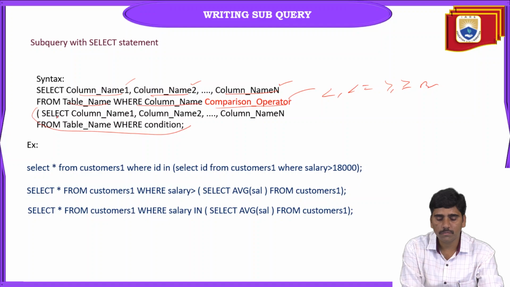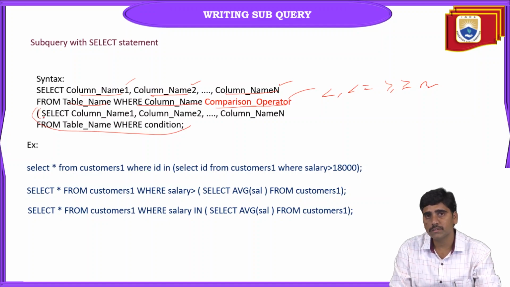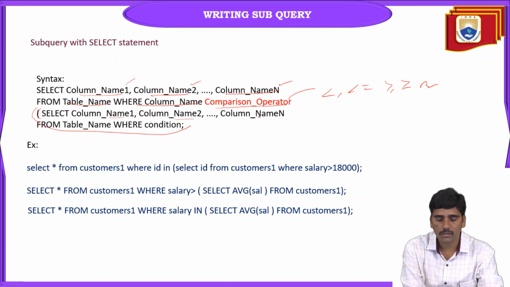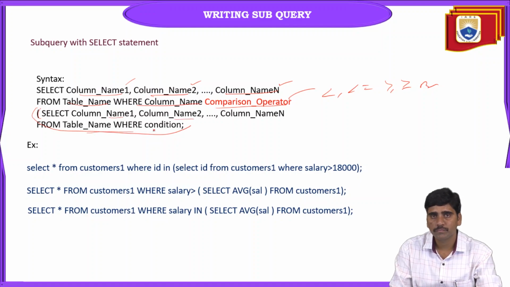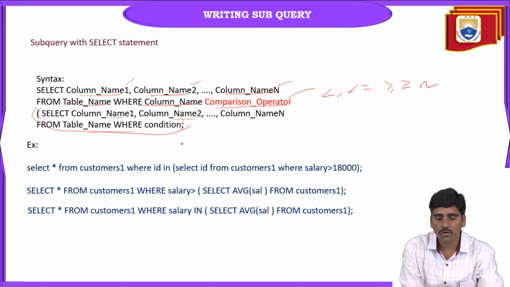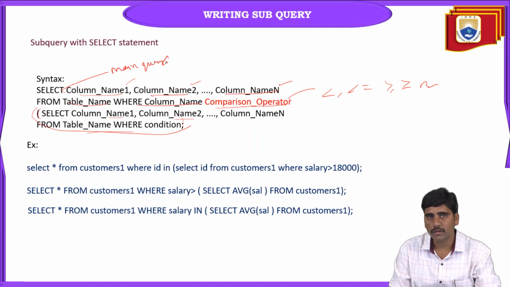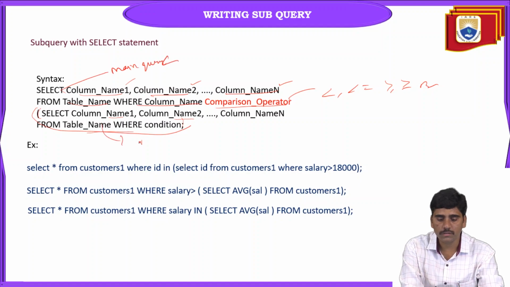When you write a subquery, you must write that query inside parentheses. So open the parenthesis and write the subquery: select column name 1, column name 2, up to column name n from table name where condition. This outer part is the main query, and this inner part is the subquery.